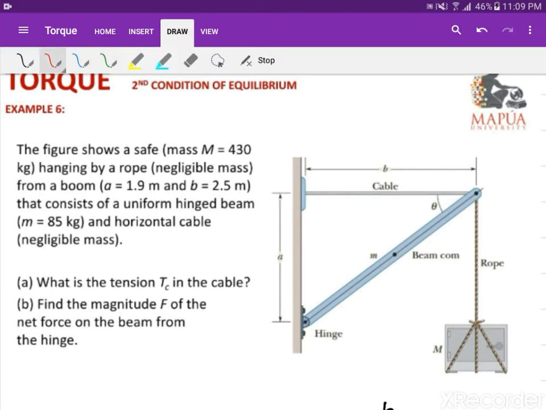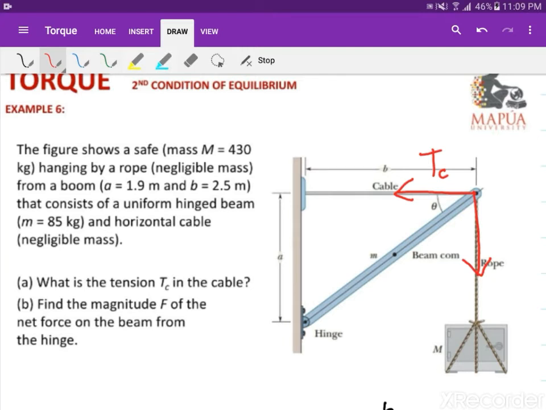Okay, so we follow the same steps. First, we identify the forces acting on our object. So we have a tension from our cable. We have the weight of the hanging safe.